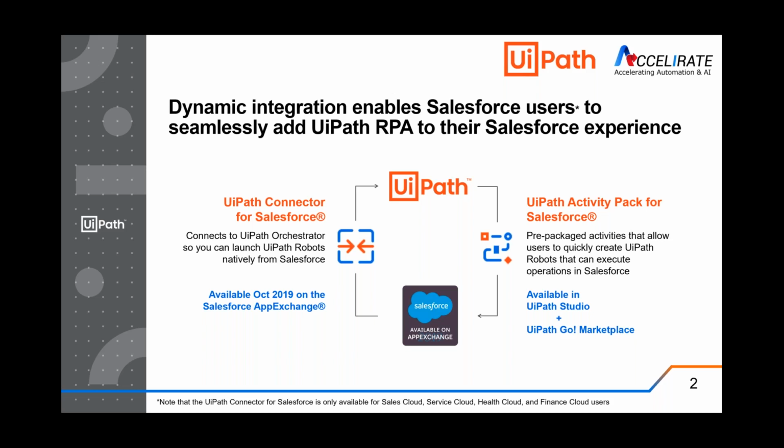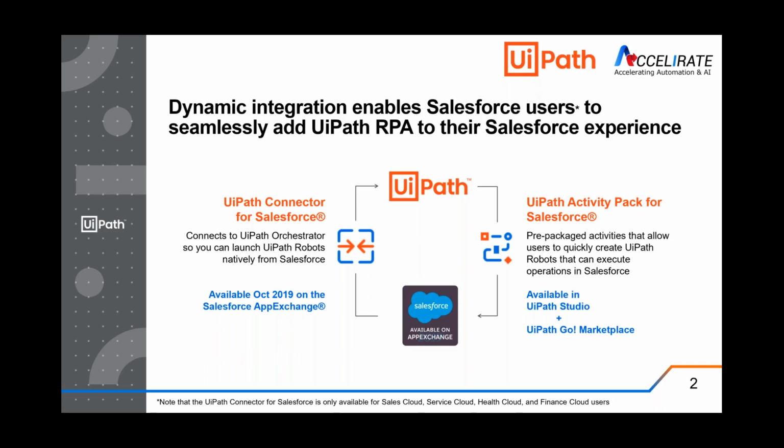So I want to talk at the beginning of this webinar about how we integrate with Salesforce at UiPath, what that means from a use case perspective, and also from a usability perspective of the platform. So in a nutshell, we have between UiPath and Salesforce a bidirectional native integration, which means that the UiPath platform and the Salesforce platform can talk to each other on a native API level rather than just using the UI.